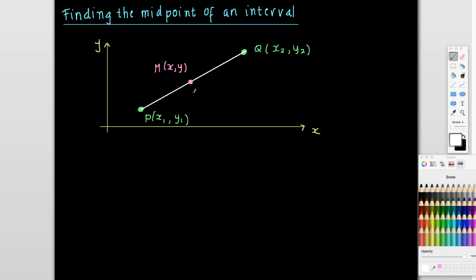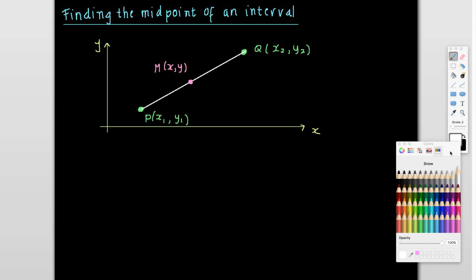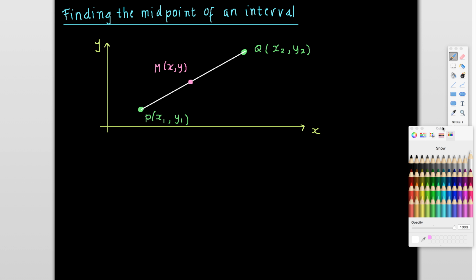The reason I'm doing this is I want to show you how we actually find the midpoint, or how we could generate a rule for finding that midpoint. First of all, whenever you're looking at coordinates, you can look at it in terms of the x values and then, of course, in terms of the y values. So if I begin with just the x values, what I want to find is halfway between this point, which is x1, and this point, which is x2.